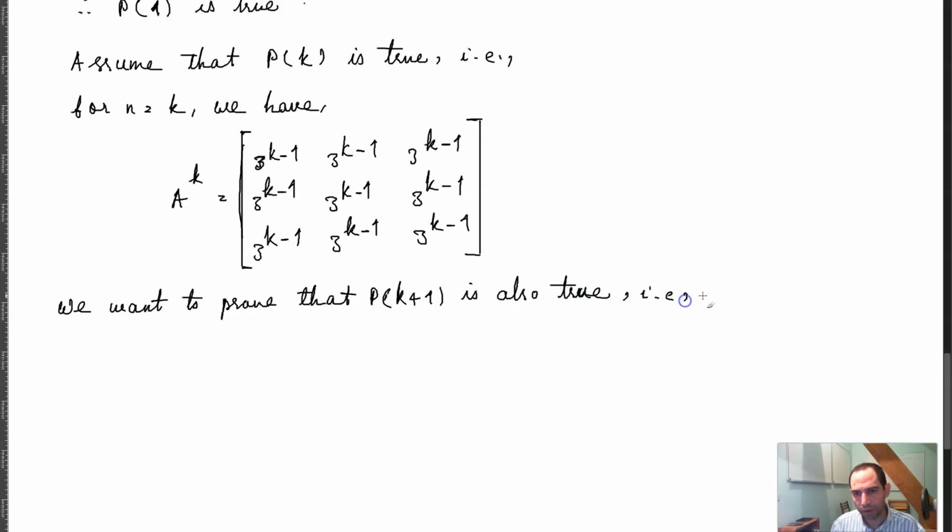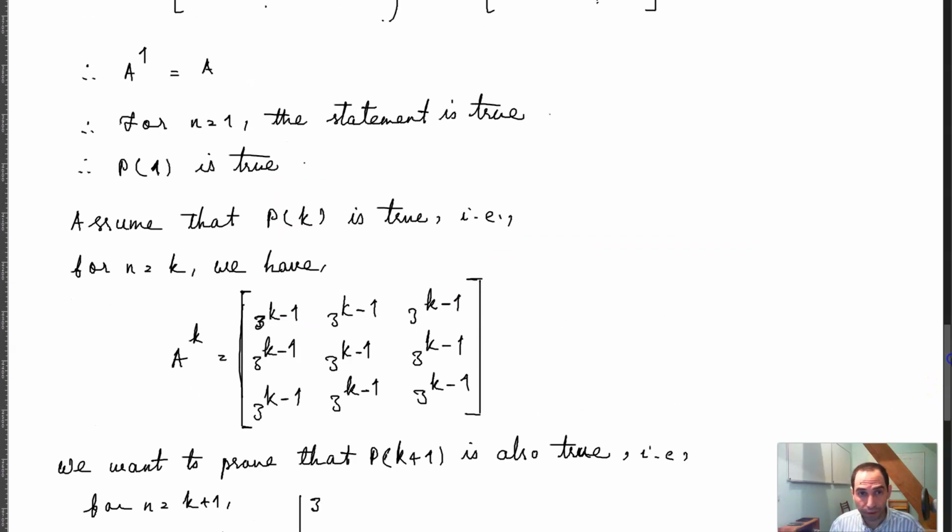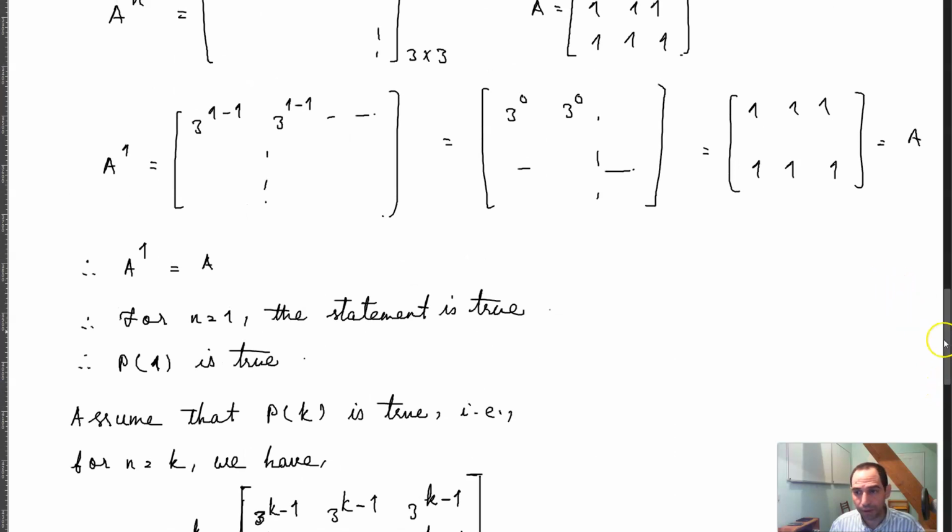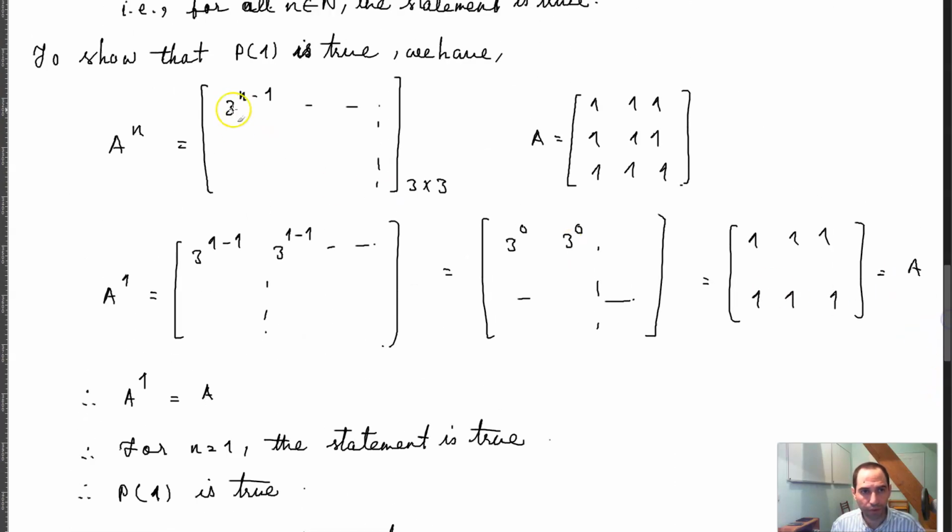That is, for n is equal to k plus 1, A raised to the power k plus 1 is equal to this matrix with 3 raised to the power... Now over here the statement is basically 3 raised to the power n minus 1.